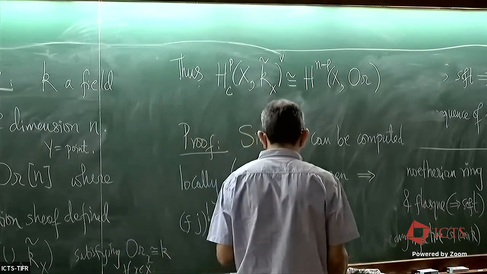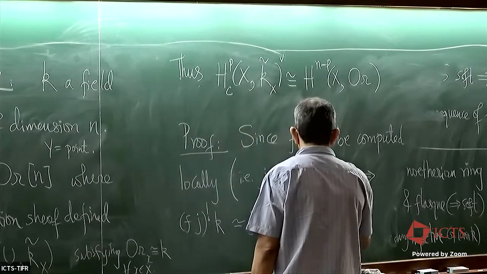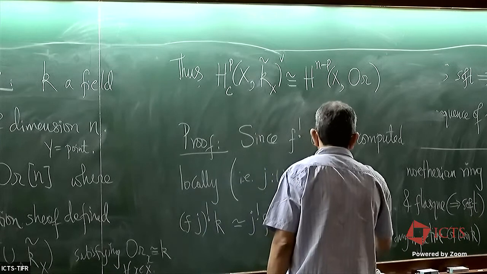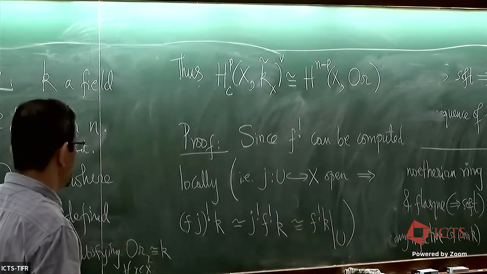And then this is isomorphic to f shriek K restricted to U, because j shriek is restriction.